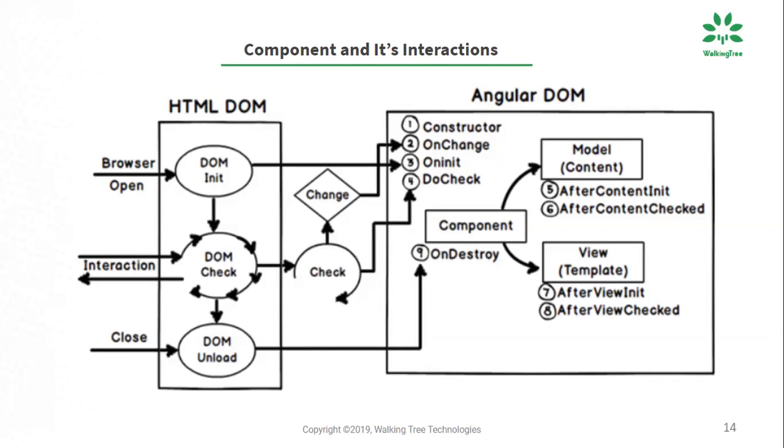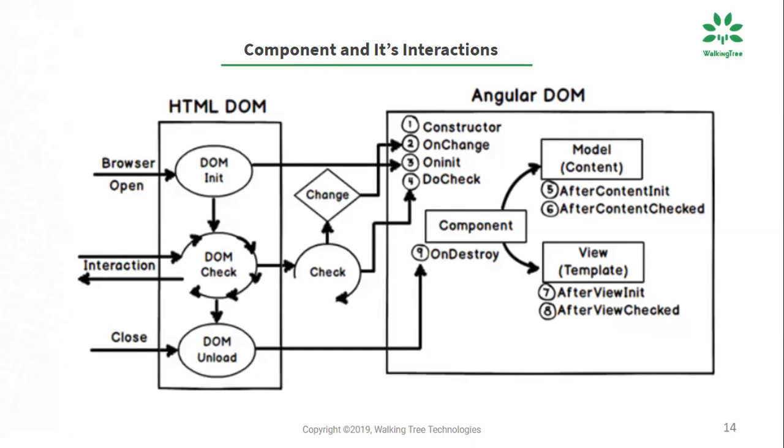Okay, and do check is a lifecycle hook which will be called for each and every change detection lifecycle. Okay, we have two types of change detection lifecycles. One is default and another one is on push. So for the default change detection lifecycle, this do check method will be automatically called every time a value is changed.